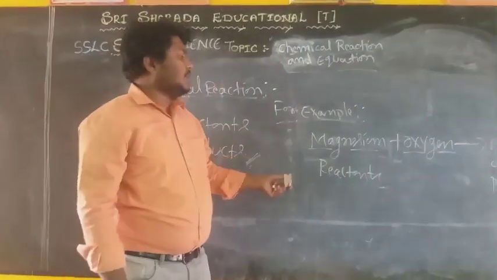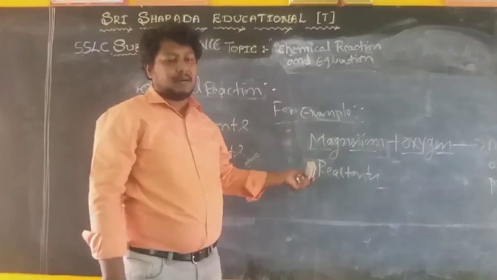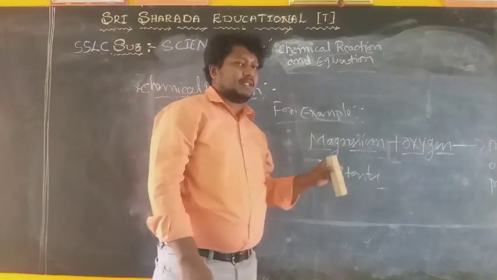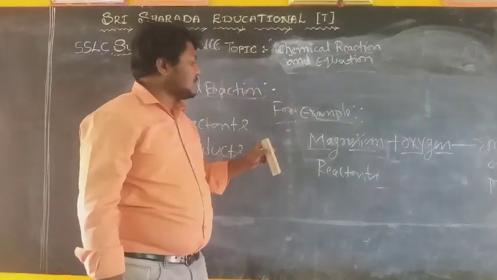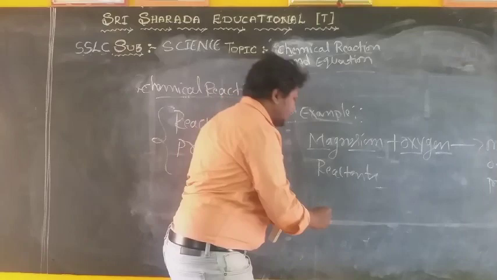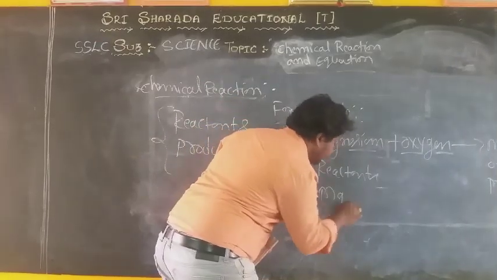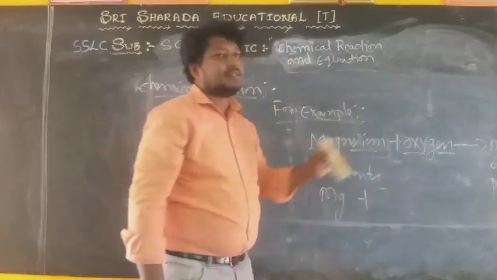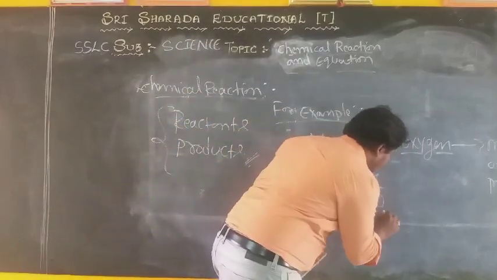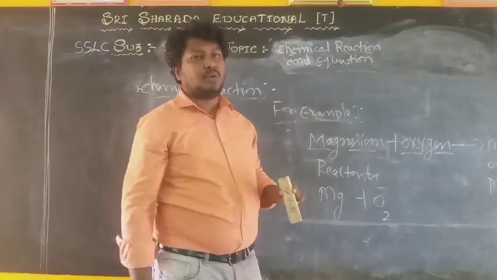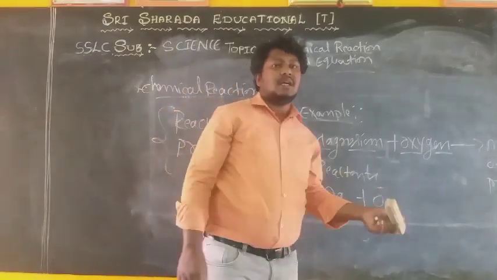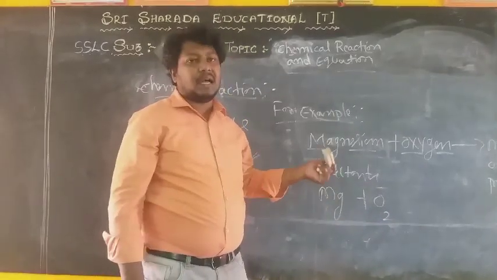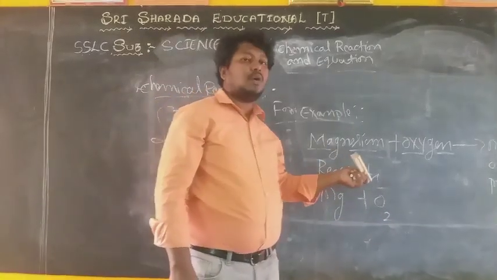This can be represented in words, and we can also represent it by symbols. The symbol of magnesium is Mg, capital M and small g, and the symbol of oxygen is O, which is represented as O2 because oxygen is a diatomic molecule.